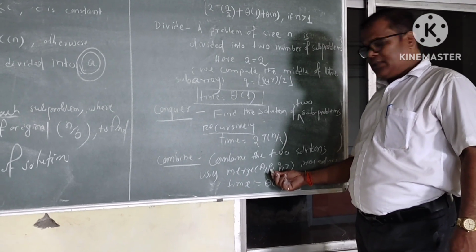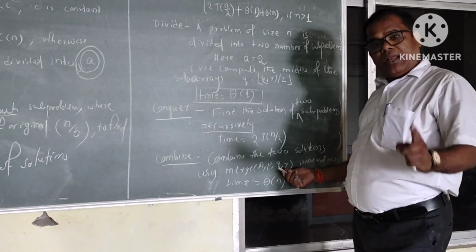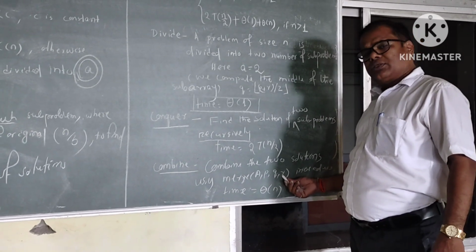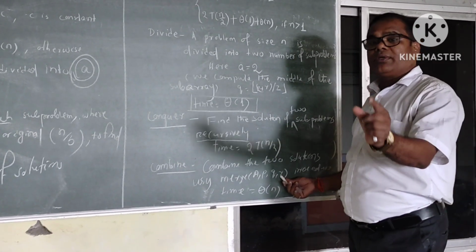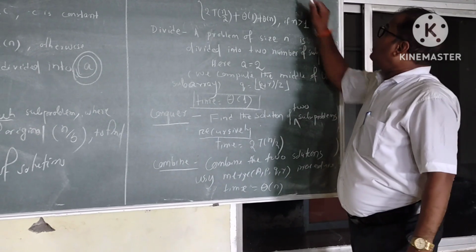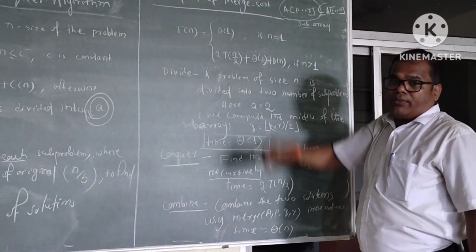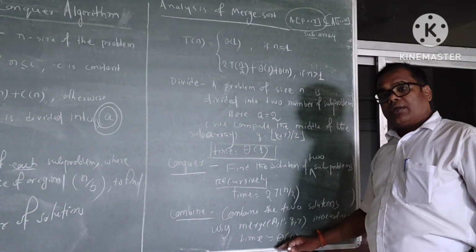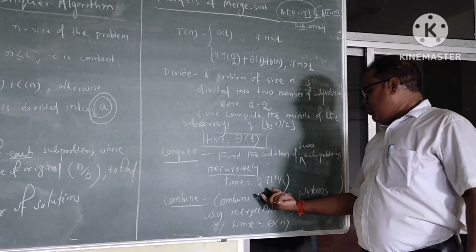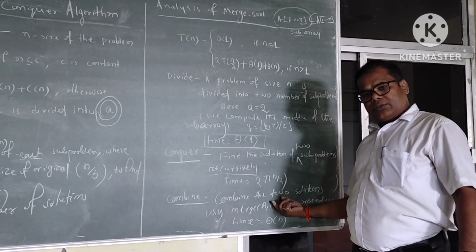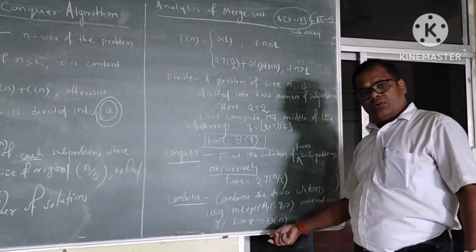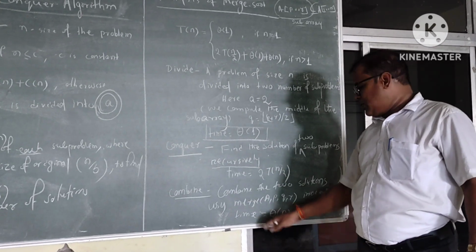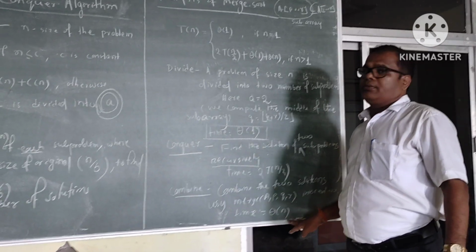Q is the middle index of the subarray, and R is the end index of the subarray, because we are only discussing the subarray in this recursive approach. So what is the time? When you divide the problem into 2 parts, each problem size is n by 2, so the time will be n by 2 plus n by 2. Hence the time is theta of n.